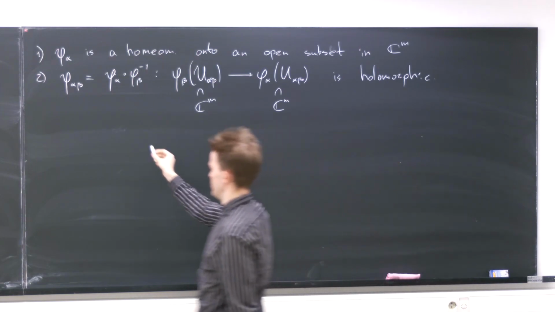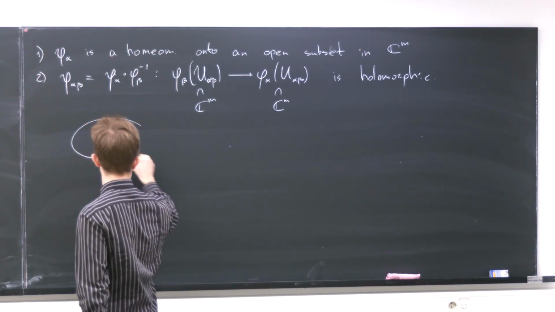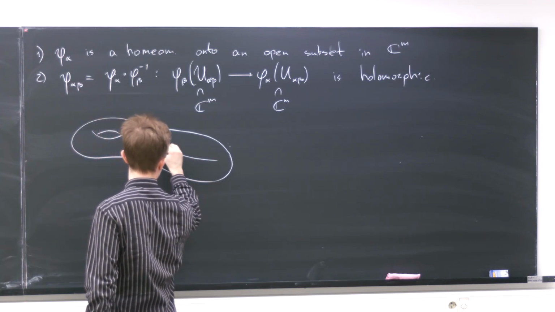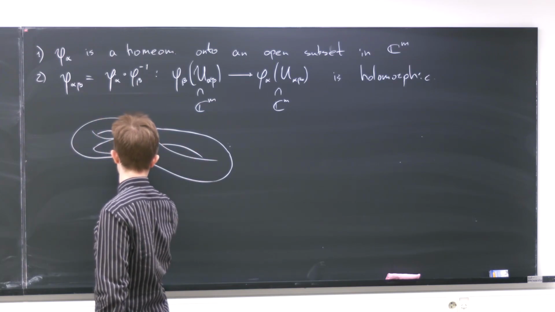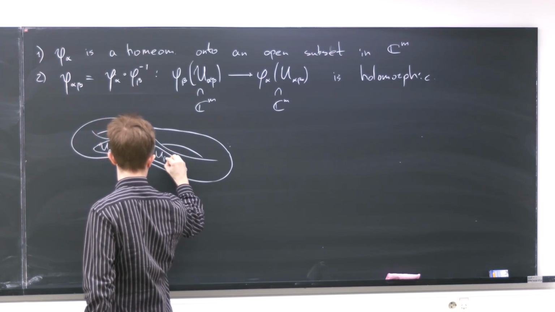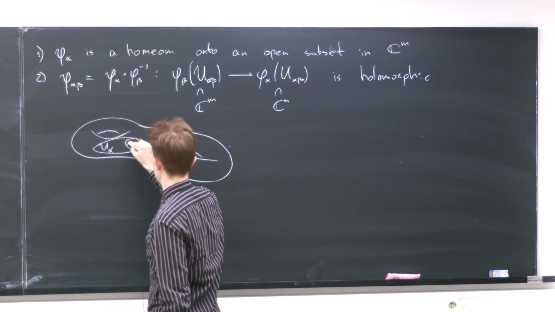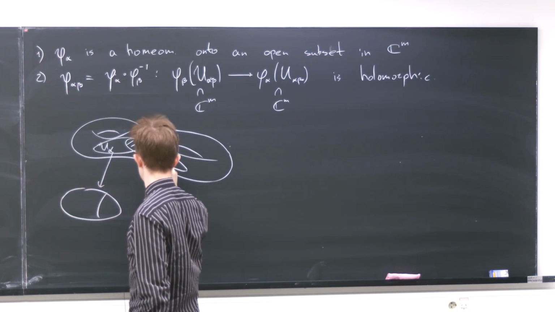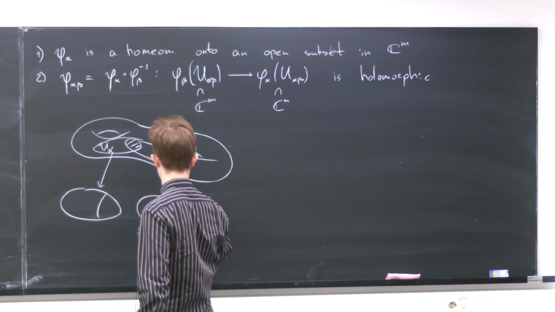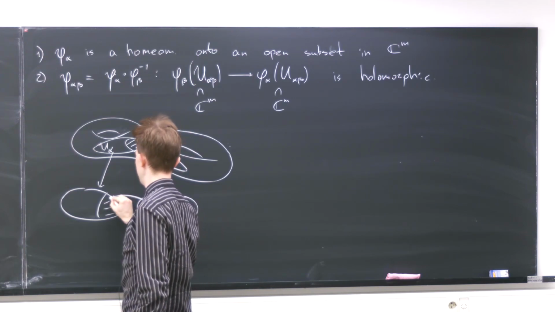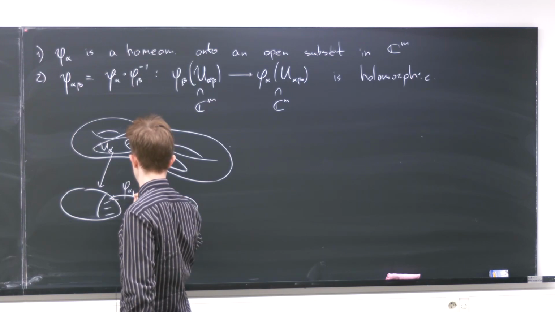So that's the usual picture. If we have something like that, and we have this cover by charts, then on the intersections there is a transition function phi alpha beta, right?